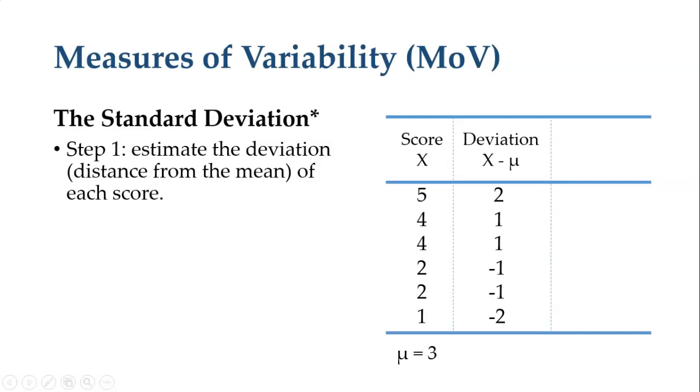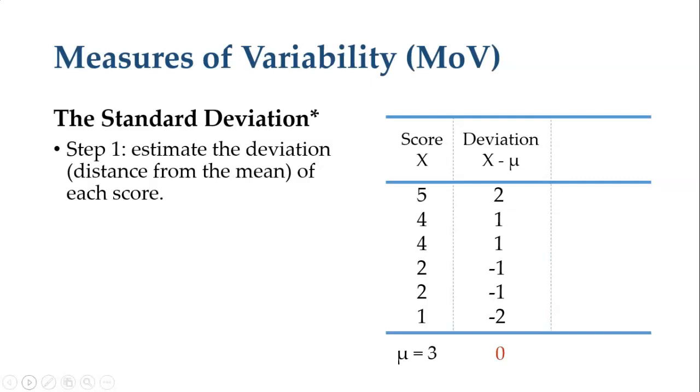The first thing that you do to estimate the standard deviation is to find the deviation of each score from the mean. So you see that 5, and you subtract the mu or the mean from each score. In this case, the deviation is 2 because 5 is 2 points from the mean. And for each score of the dataset, you have the deviation from the mean.